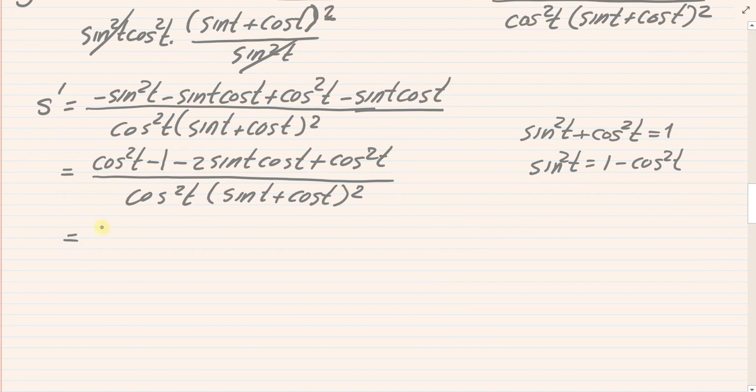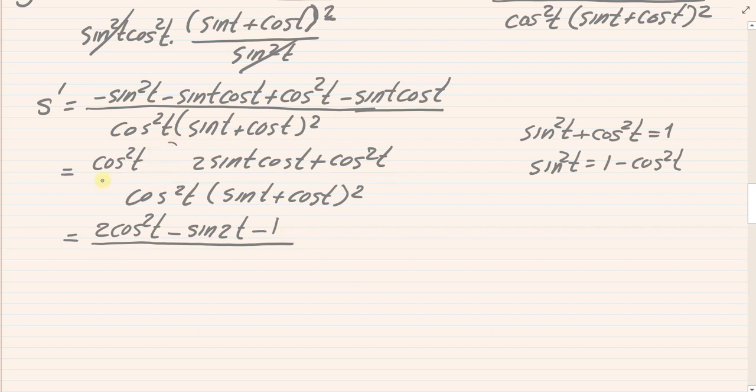So this is going to be 2 cosine squared t, negative sine of the double angle, since 2 sine t cosine t can be written as sine 2t, and then move the 1 to the end. Oops, gotta be careful with my pen. That was cosine t minus 1. There.